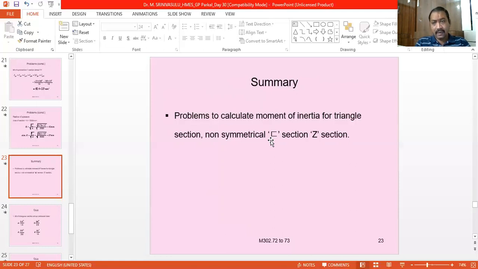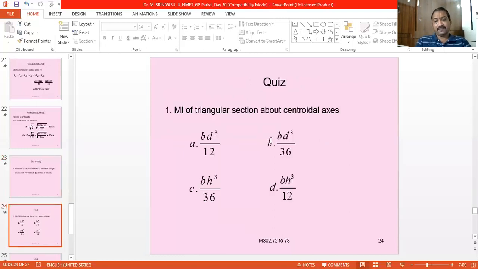Now we'll go to the quiz part. The first one: MI of the triangular section about the central axis. We have just done this, so it is equal to BD cube by 36.